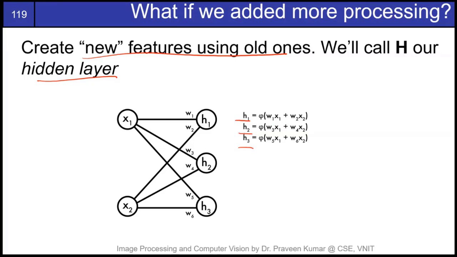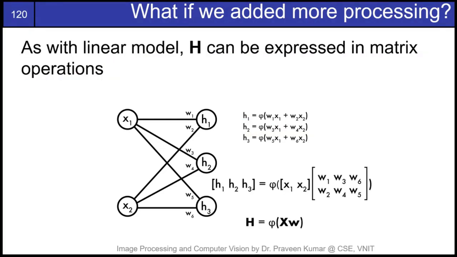Just like with linear models, this hidden layer can be expressed in simple matrix operations: x1 x2, and you can rearrange these weights into a kernel or filter as a 2D matrix w. So multiply xw and apply an activation function, and you get the outputs at the hidden layer, and these values can be considered new features which have been learned from the raw pixel values.